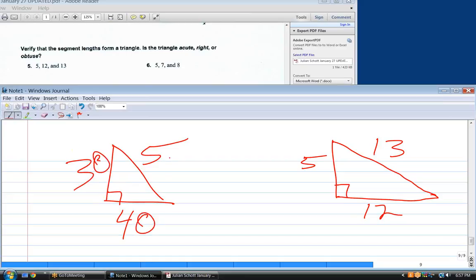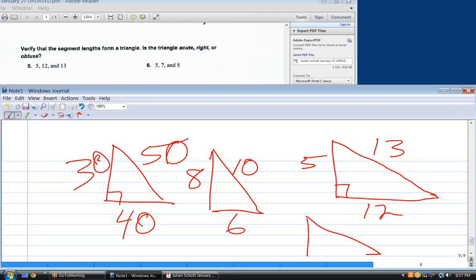In other words, 30, 40, 50 works. 6, 8, 10 is a multiple of 3, 4, 5, right? Okay. 5, 12, 13. They might give you a triangle that has 10 here, 24 there. Well, what's this side?